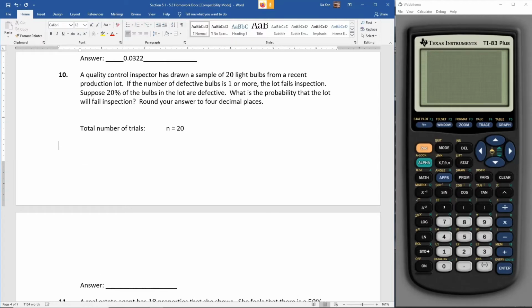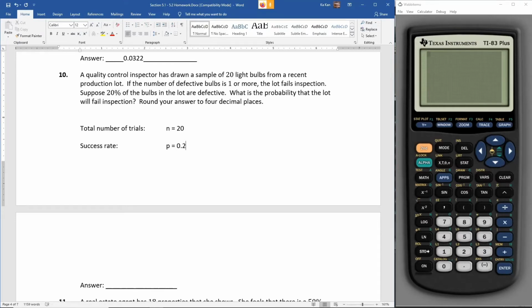Now, the next one is if the number of defective light bulbs is 1 or more, then this thing fails. So I'm going to write the success rate, P. I know it's 20%, so 0.2, right?